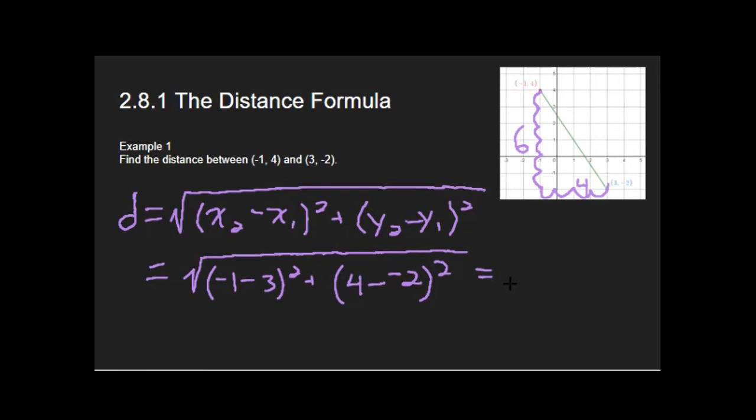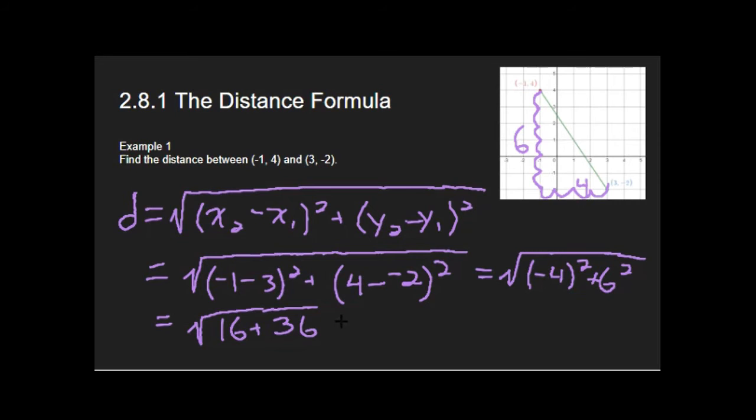So let's go ahead and simplify this. We have -1 minus 3 is -4 squared. And we have 4 minus -2, so that means 4 plus 2, so we have 6 squared. That simplifies to the square root of 4 times 4 is 16 plus 6 times 6 is 36.